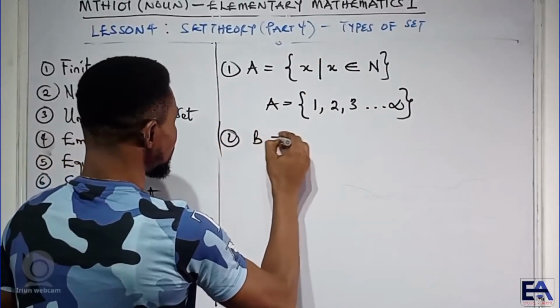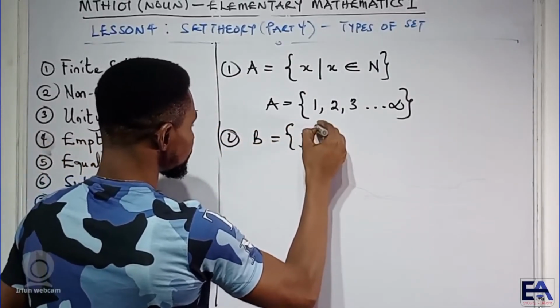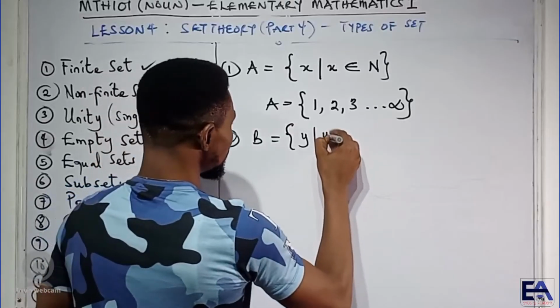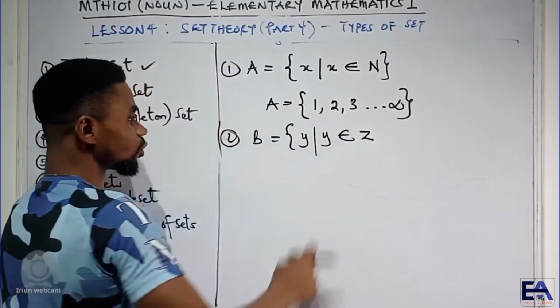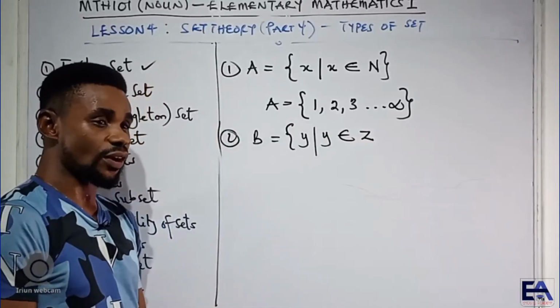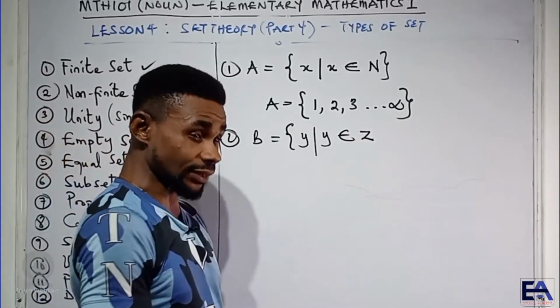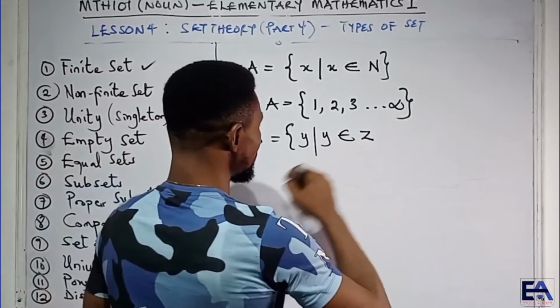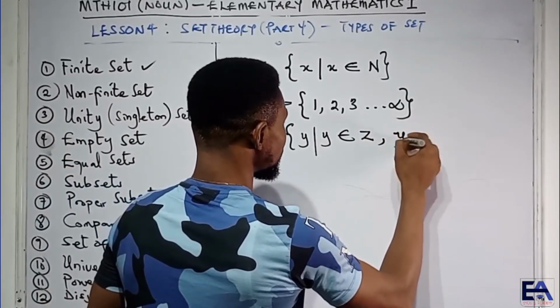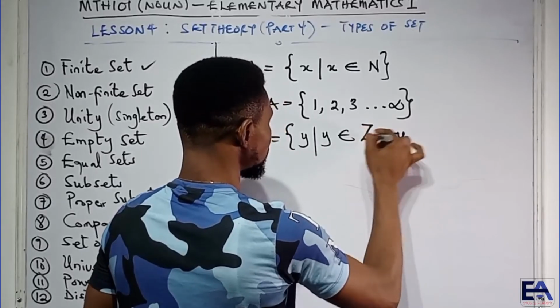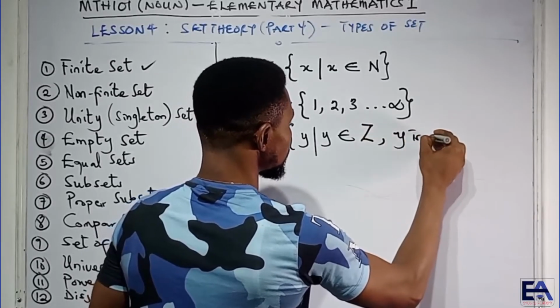If we say B is a set of Y such that Y is an integer, Z is used to represent a set of integers, and Y is negative.